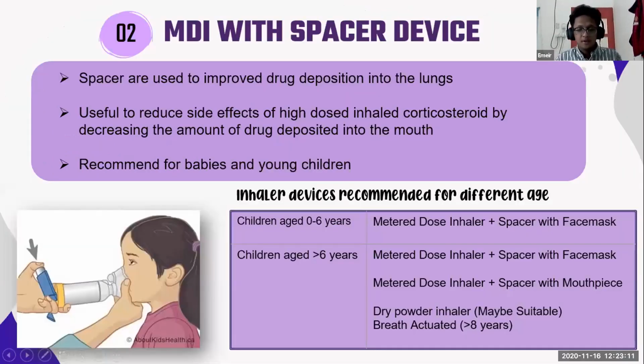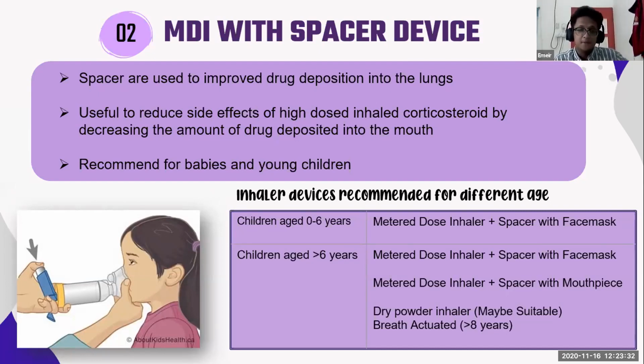So what is a spacer device? A spacer device is important to use to improve drug deposition into the lung. It is useful to reduce the side effects of high dose inhaled corticosteroid by reducing the amount of drug deposited into the mouth.